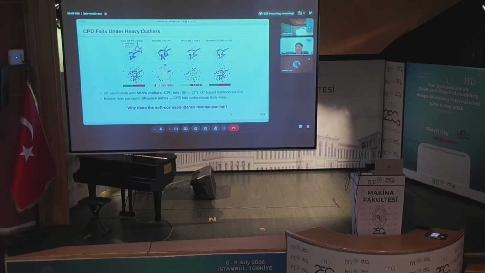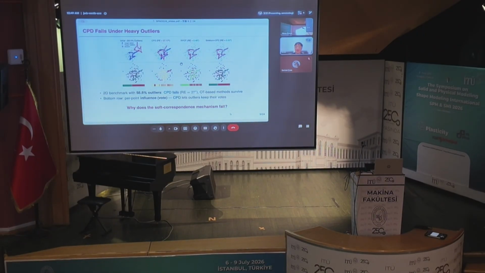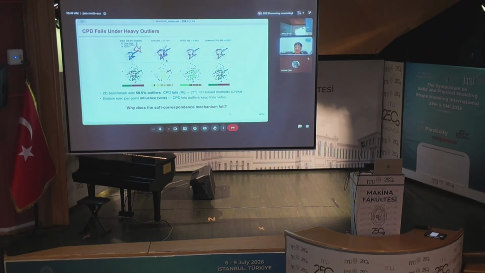The balance theorem, let me show the figure. This is a 2D example. The gray curves are outliers. Here, more than half of the points are outliers. Look at this result. CPD fails completely. The error is 2000 degrees. Look at the bottom row.